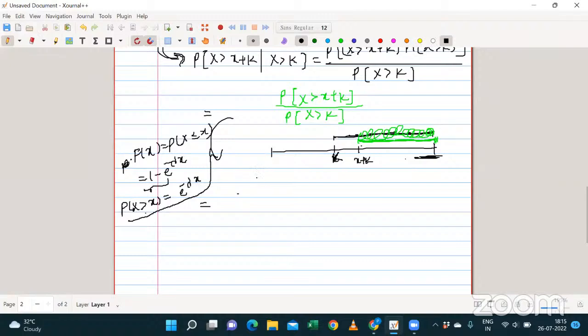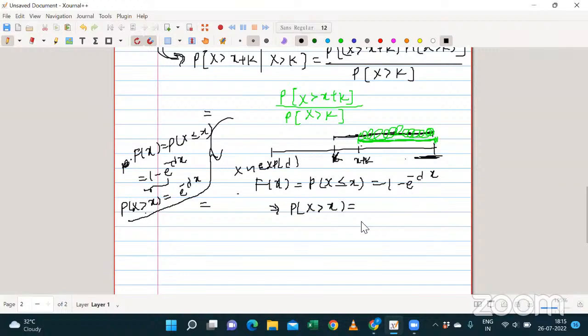See, suppose X follows an exponential distribution with parameter lambda. Then the CDF, that means probability X is less or equal to x, is 1 minus e raised to the power minus lambda x. Probability X greater than x is 1 minus probability X less or equal to x.